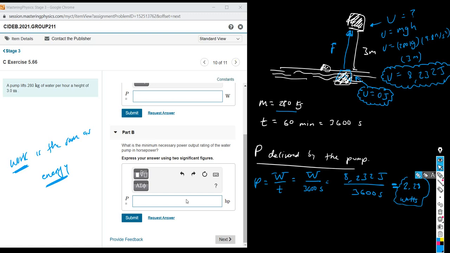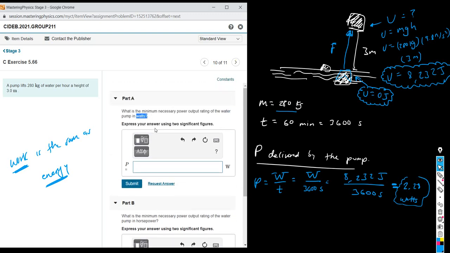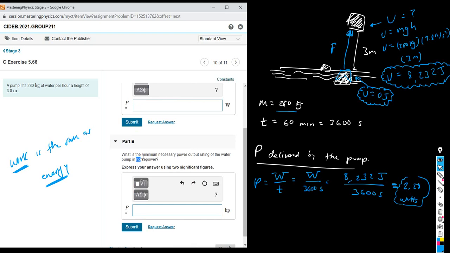Now, all you need to do in order to answer B is the same question. Part A and Part B are the same question. The only difference is the unit. In the first place, it was in watts, and in the second place, it's in horsepower. So all you need to do is transform 2.28 watts into its corresponding number of horsepower. Horsepower is just another unit for power.